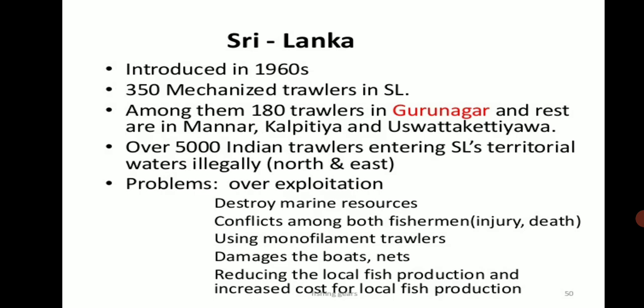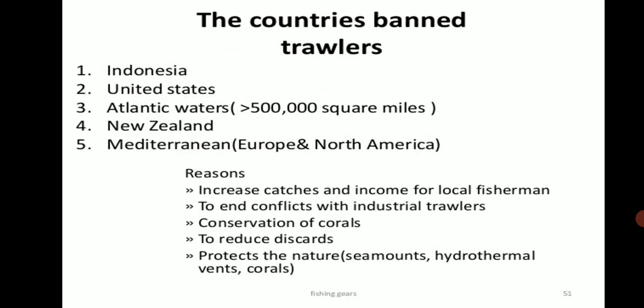Over 5,000 Indian trawlers entering Sri Lanka's territorial waters in the north and east cause problems: over-exploitation, destroying marine resources, conflicts between both fishermen with injury and death, use of monofilament trawls damaging the boats' nets, reducing local fish production and increasing the cost of local fish production.